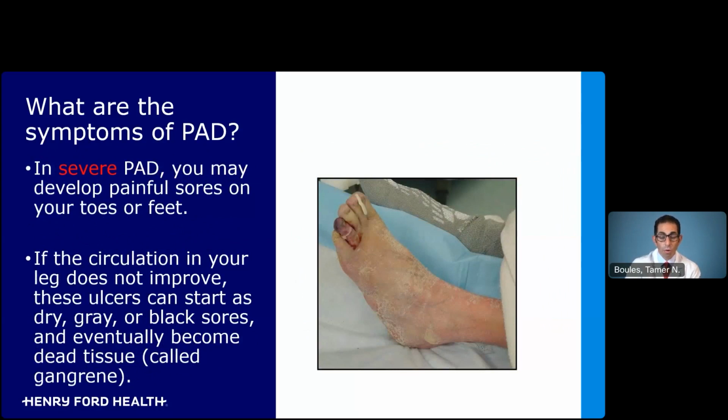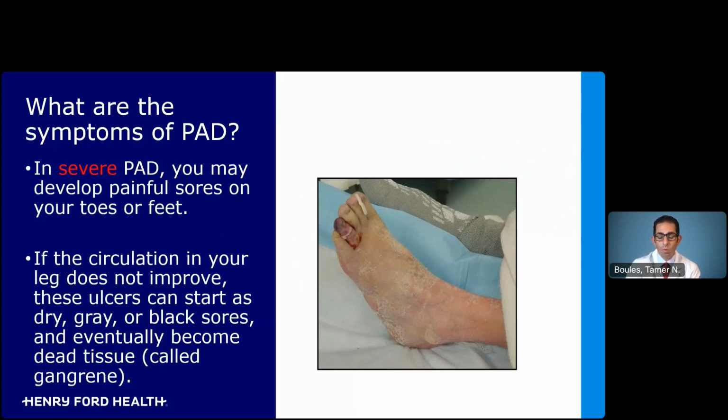And now to the third level of severity of peripheral arterial disease. In very severe cases, and this should prompt immediate attention by your healthcare provider, you can get painful sores on the feet or actually gangrene of toes, which really just means dead tissue that develops.